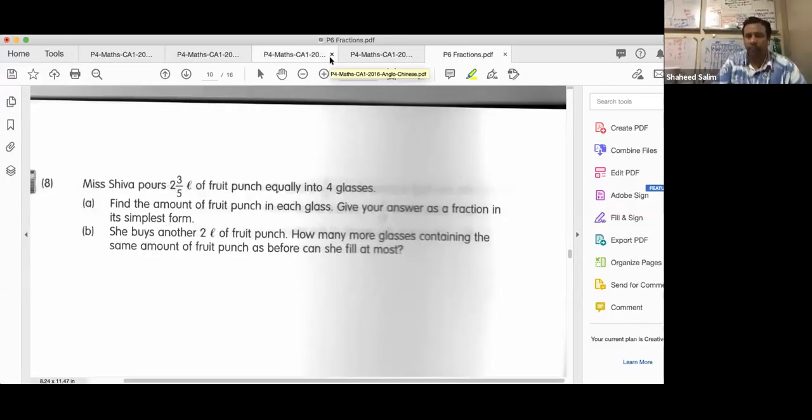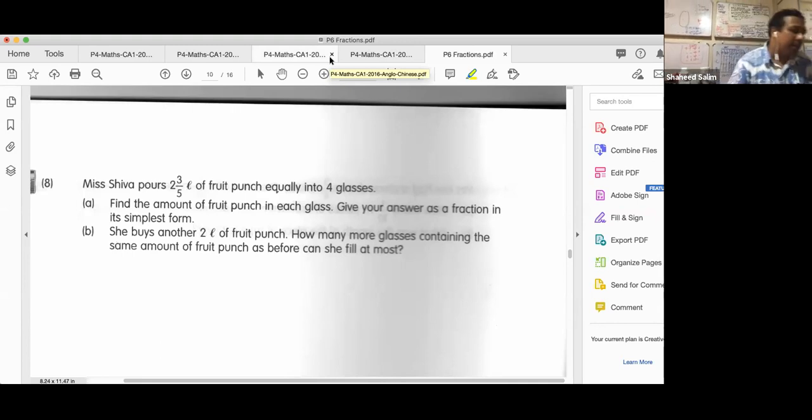Okay, we try this one. This is the same thing, similar stuff. I want you to master that skill first before we move on to the next part.